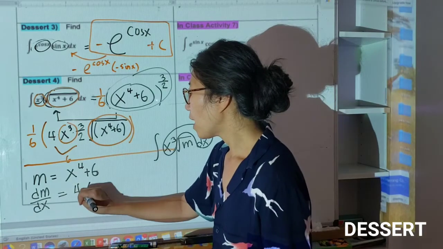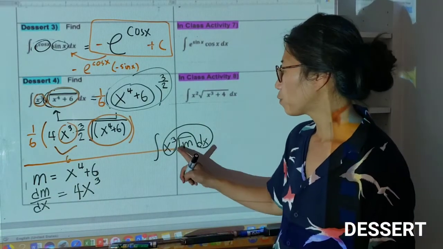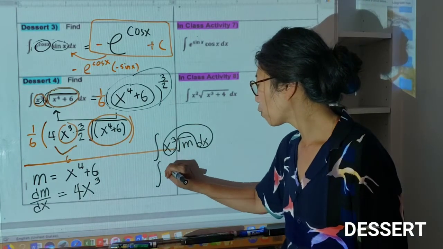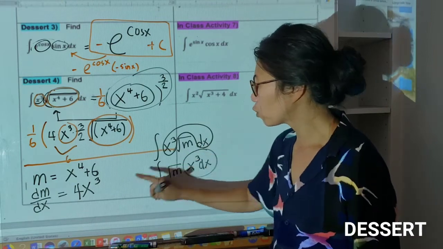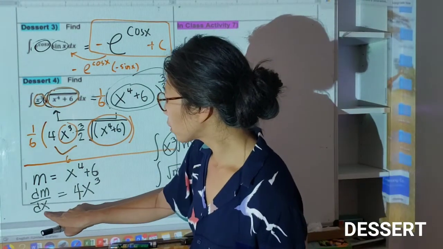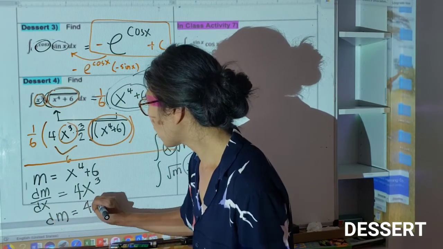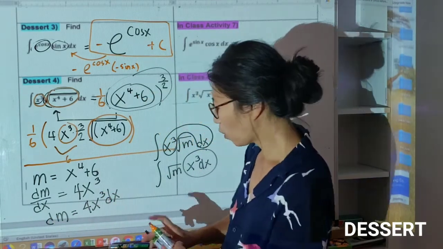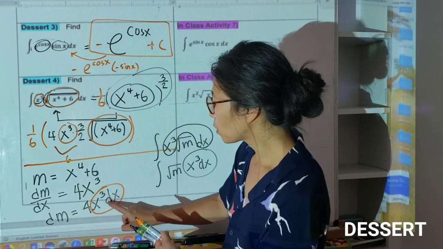So 4x cubed. Now look carefully. I need to find here this function. I already have a square root of m, but I have to deal with x cubed dx. So I'm going to manipulate my equation here. Multiply dx each other, then I get dm is equal to 4x cubed dx. Do you see it? I'm almost there. Then what is it? X cubed dx.